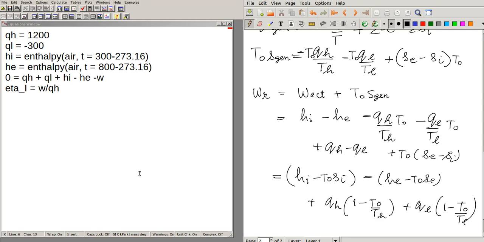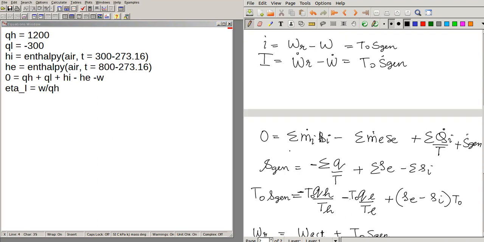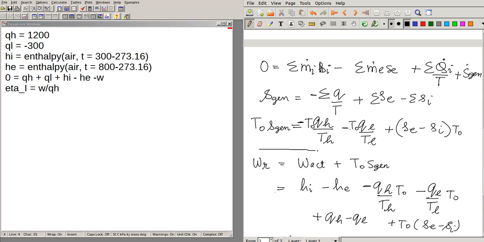However, with this expression in mind, let us go ahead and encode this into the computer. So for this, I now need to just work with this particular equation, because once T0 Sgen is known, I can simply add the W actual to find the W reversible.